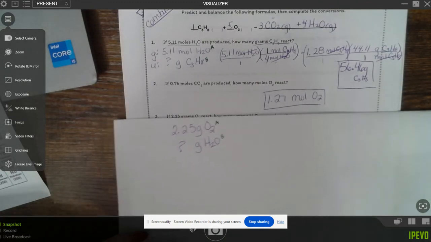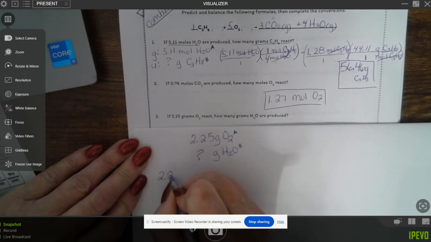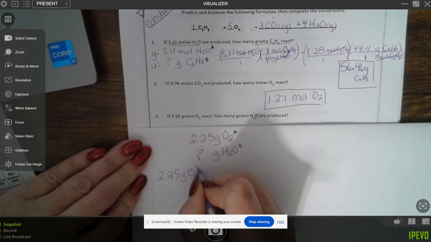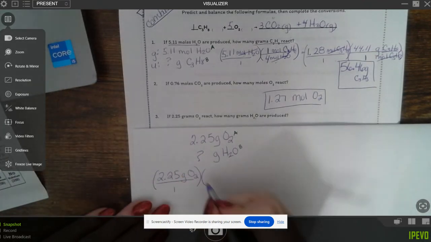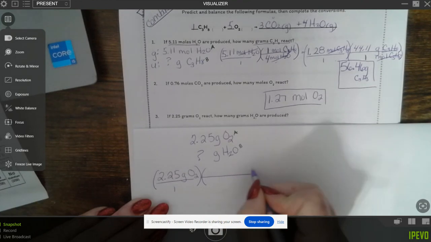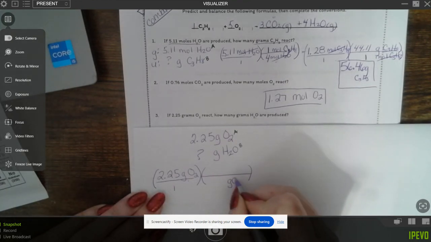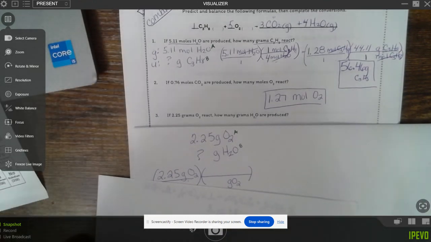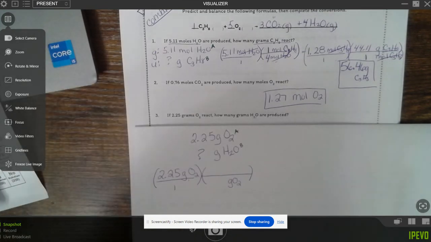All right, so let's set this up. So we start with 2.25 grams of oxygen. Always over 1. All right. Now, I know because grams of oxygen is here, grams of oxygen has to go here. Okay. And this is the step I'm going from grams of A to moles of A. I'm going to use the molar mass of A. Okay.